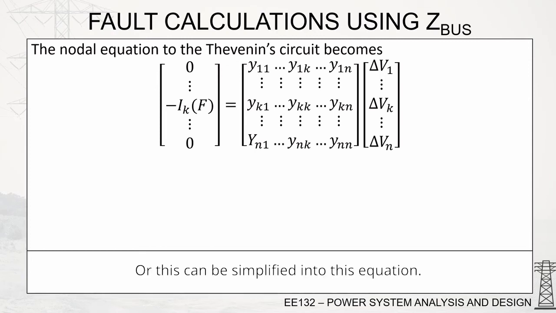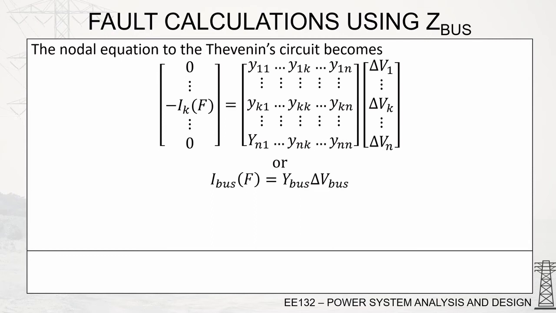Or this can be simplified into this equation. The fault current injected into the bus is equal to the admittance matrix multiplied by the matrix for change in voltage during fault per bus.